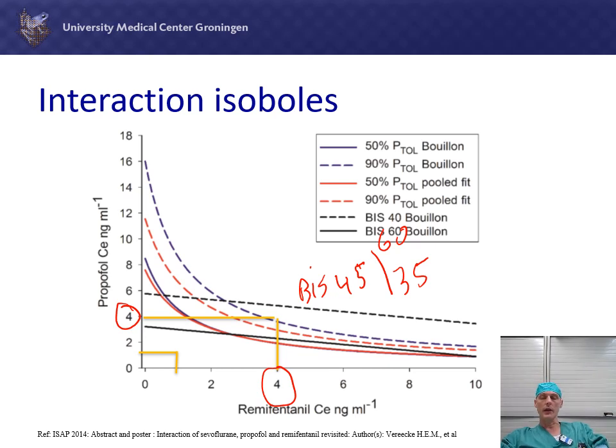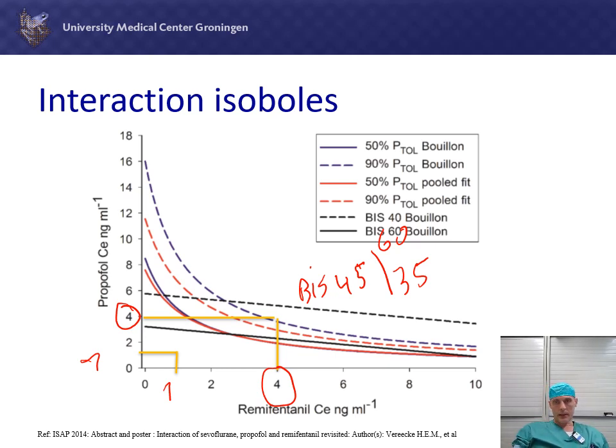and I will then restart the intubation attempt. For recovery of anesthesia, I set my targets to 1 nanogram per milliliter of remifentanil and 1 microgram per milliliter of propofol.